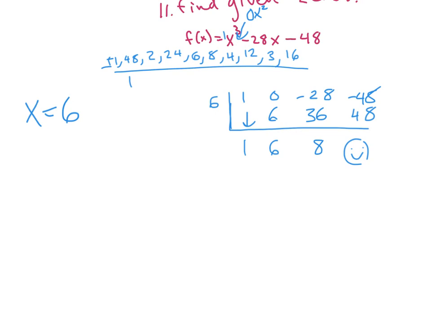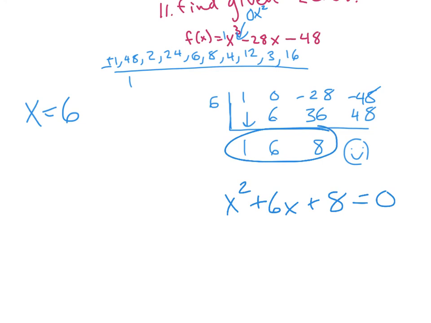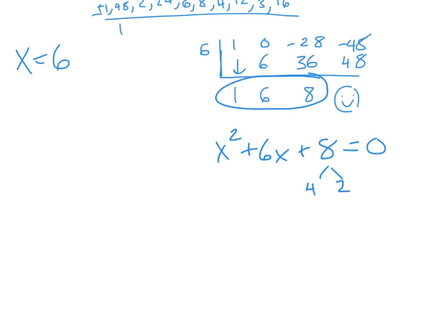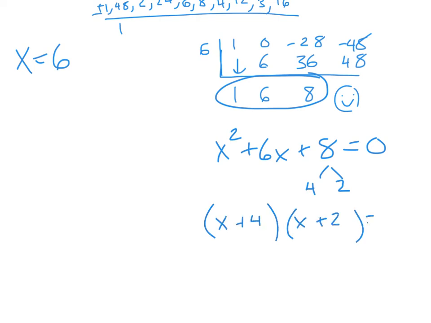All right, what do we do next? Then you do x squared plus 6x plus 8 equal to 0. You factor it, I think. Perfect. We still have to find the zeros, but now we have a smaller polynomial, so we can see if this will factor. Do we have 2 factors of 8 that add to 6? 4 and 2. So we have x plus 4 and x plus 2.